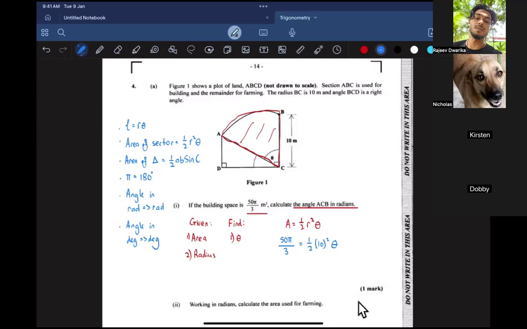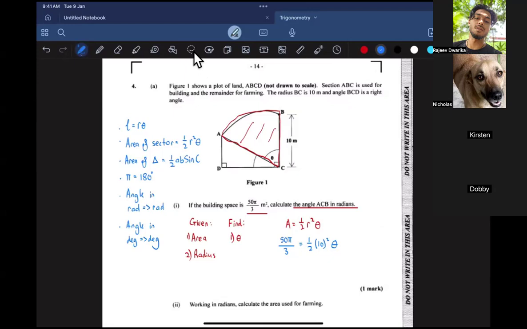Let me know if you can manage with this question, finding theta.